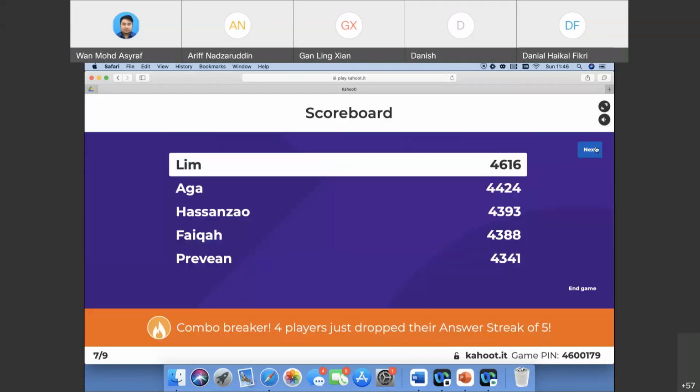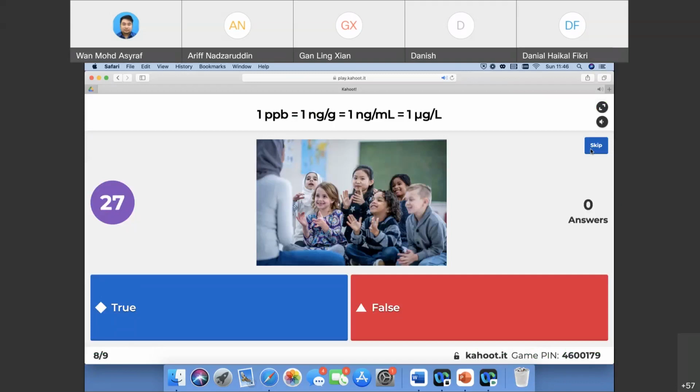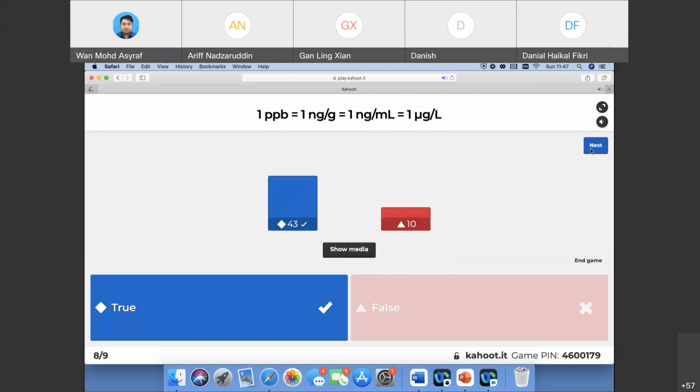Okay, alright, so next, 1 ppb equal to 1 nanogram per gram equal to 1 nanogram per mil equal to 1 microgram per liter. Is it true? All right, so it's true, yeah? Okay, good job.